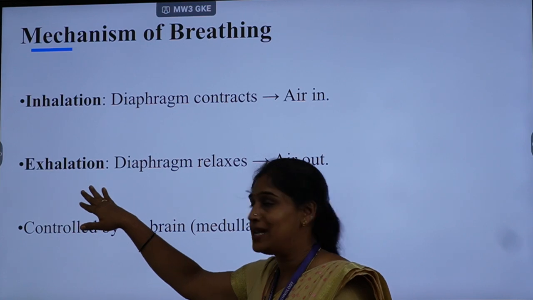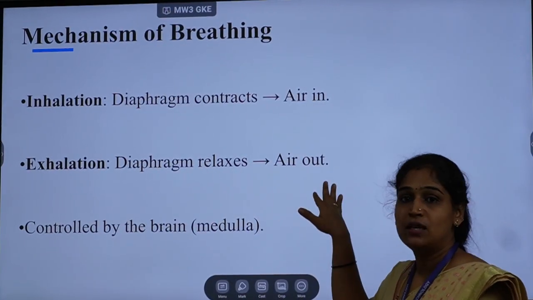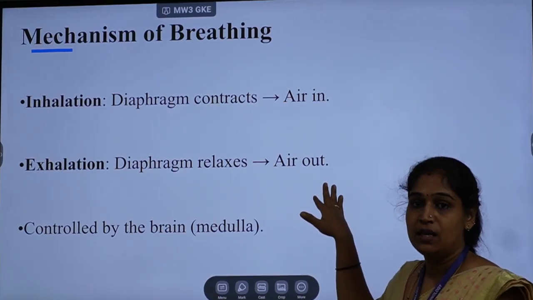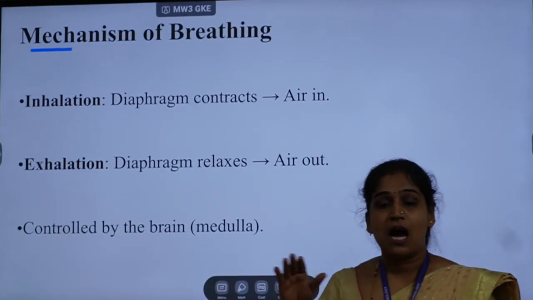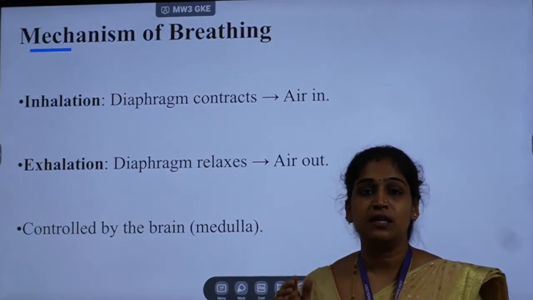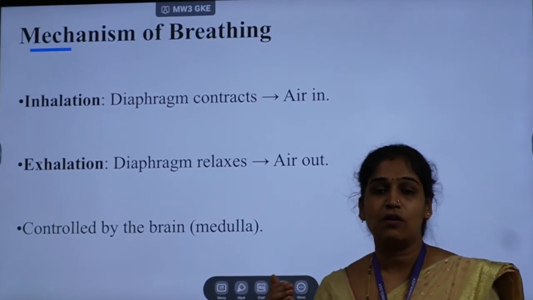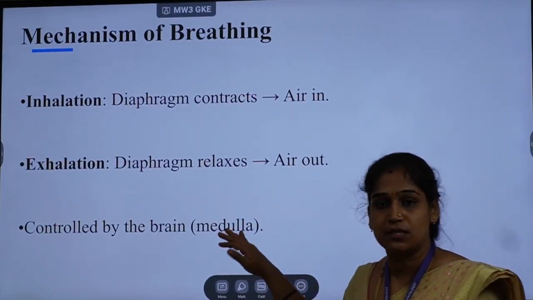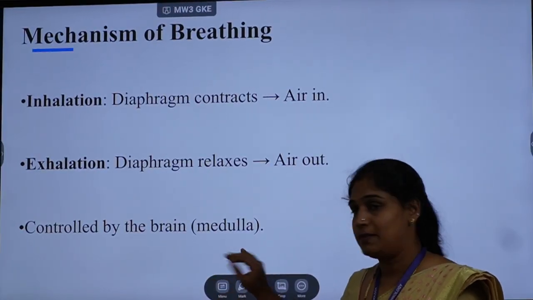Second is exhalation, where the diaphragm relaxes and the carbon dioxide is released out. All these activities are controlled by the brain, and they happen without the notice of humans. The process goes smoothly even when the person is sleeping.